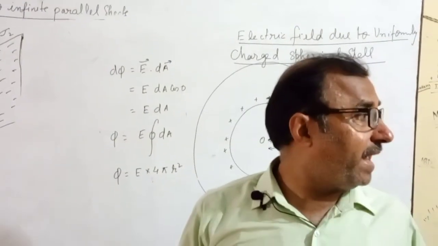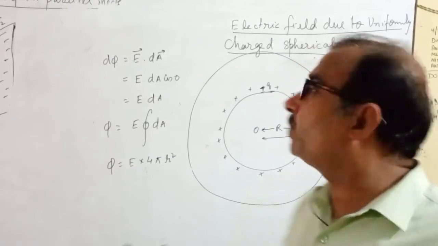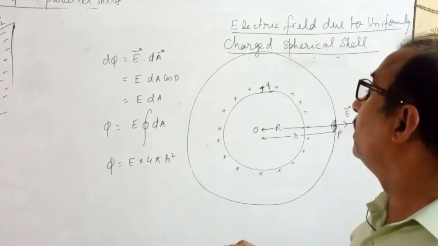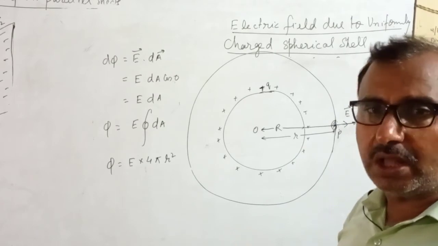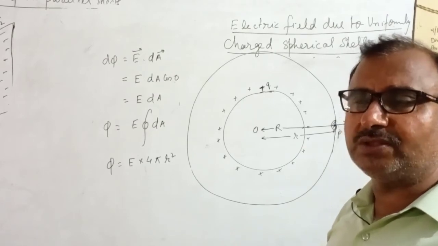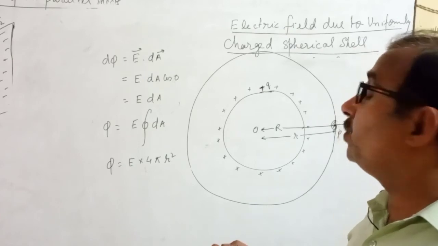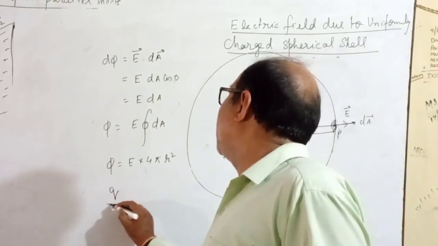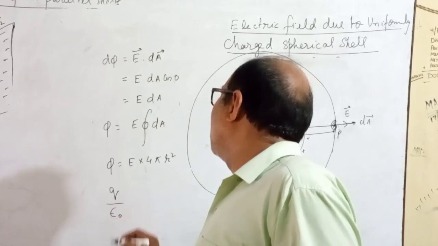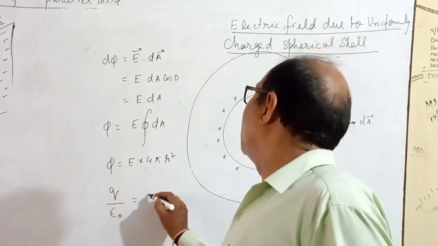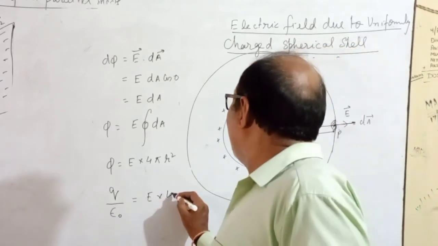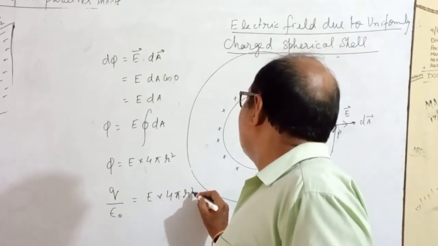So what is phi? The electric flux passing through this Gaussian surface. According to Gauss law, the electric flux passing through any closed surface is 1 upon epsilon 0 times the total charge enclosed, which is Q. So Q upon epsilon naught equals E into 4 pi r square.